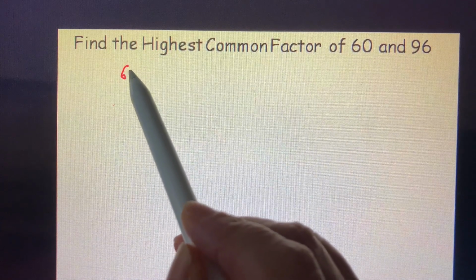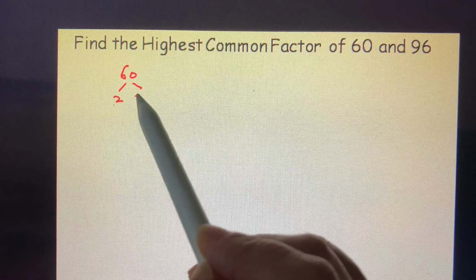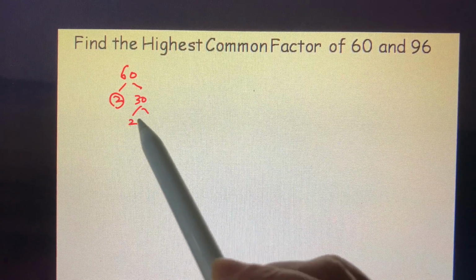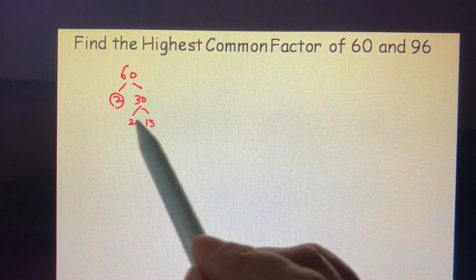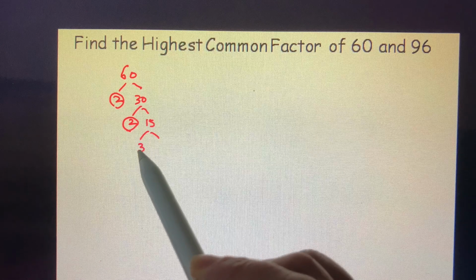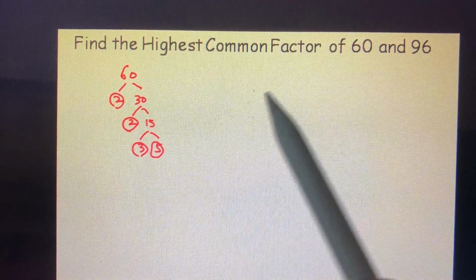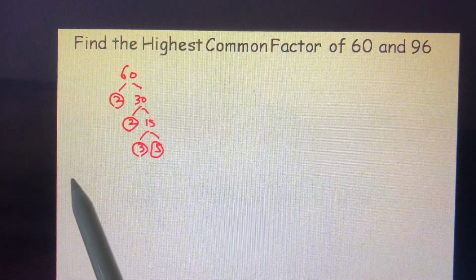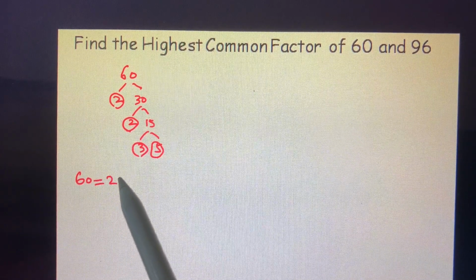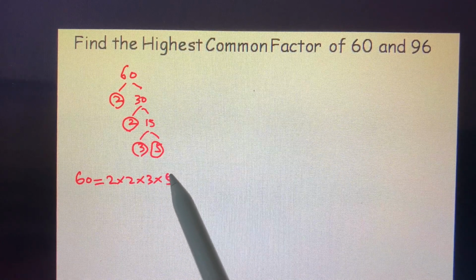I split into 2, 30, 2, 15, 3, 5. 60 equals 2 times 2 times 3 times 5.